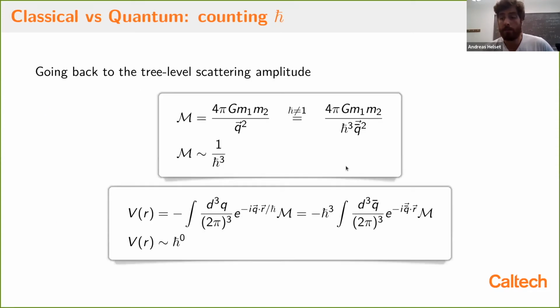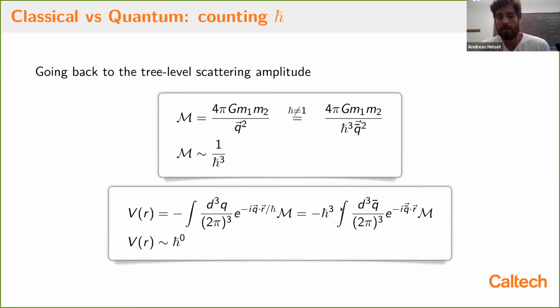Let's just put back the h bars in our calculation. In the scattering amplitude, we had some h bars coming from this q, as well as from the coupling. So overall the amplitude goes as 1 over h bar cubed. That might look scary because it diverges in the classical limit, but fear not. Let's put it back into this Fourier transform.